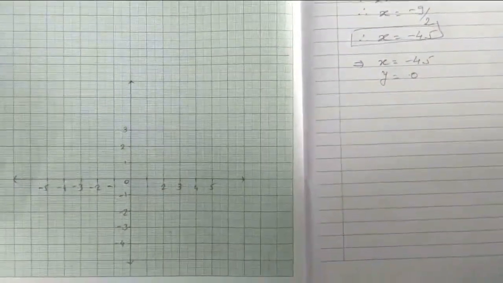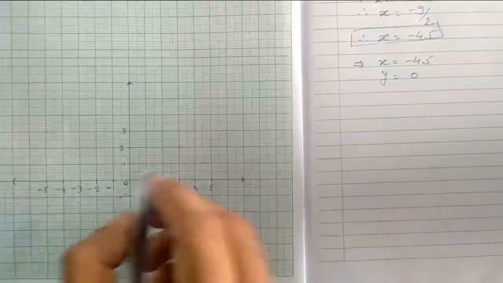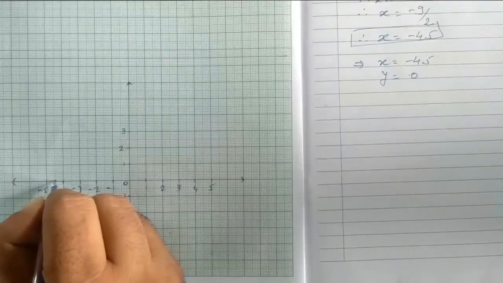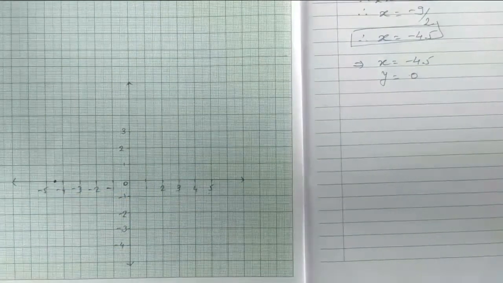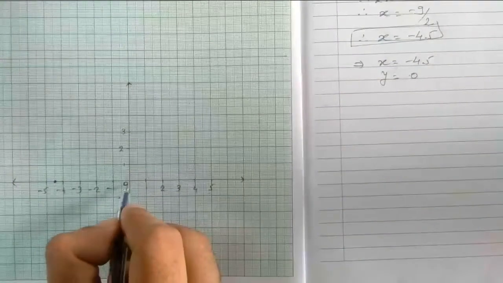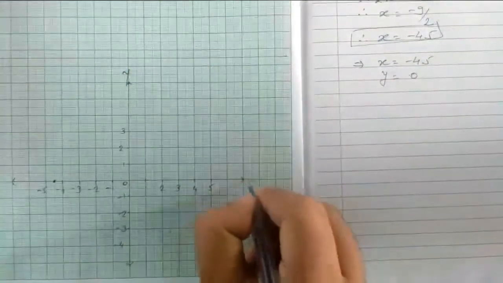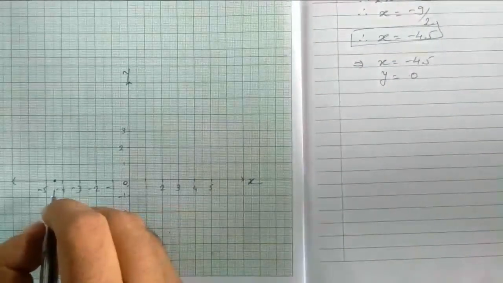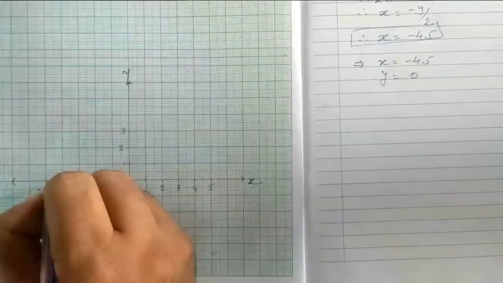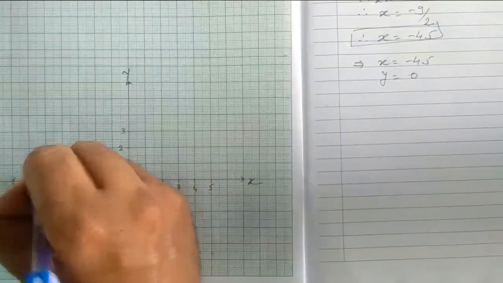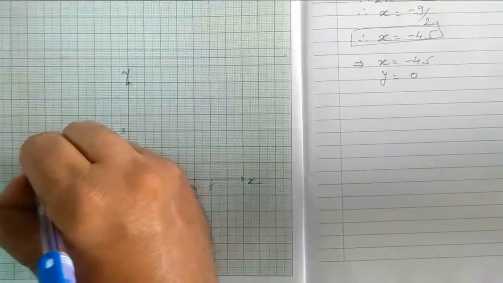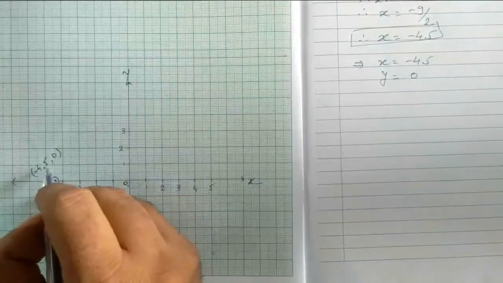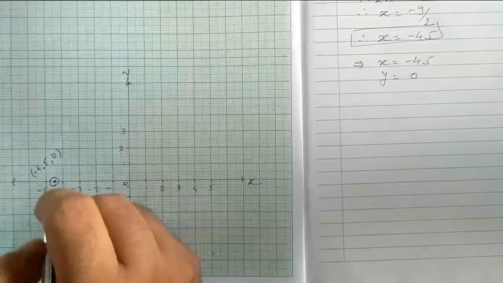So this is our graph, and we can show that when x is equal to minus 4.5, minus 4.5 is here, and y equal to 0. So when y is equal to 0, at that time x is equal to minus 4.5. So we can write minus 4.5 and 0: x is equal to minus 4.5 and y is equal to 0.